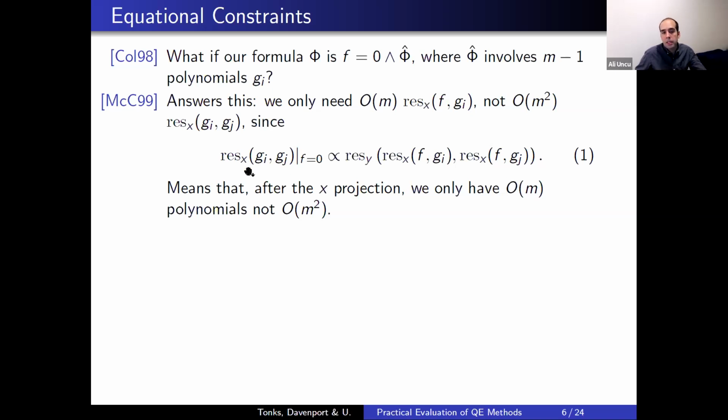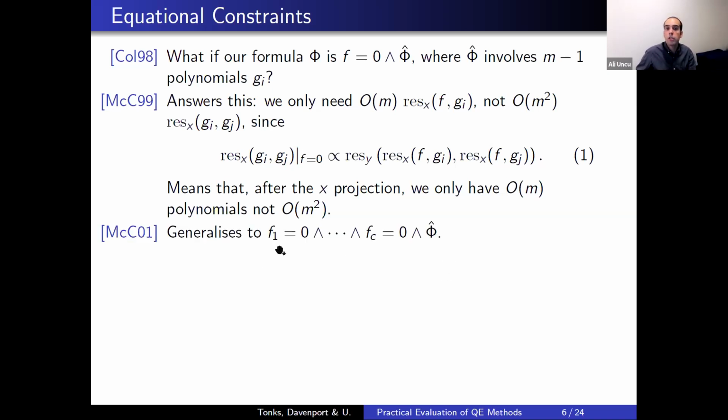Think about the resultants between the g's when f is 0 on that variety; that is proportional to all the resultants between f and the other polynomials with respect to another variable y. So instead of going through all of these resultants between f and g, you can just do your projection in x with one less degree. And that is a big accomplishment complexity-wise when we're talking about double exponential complexity.